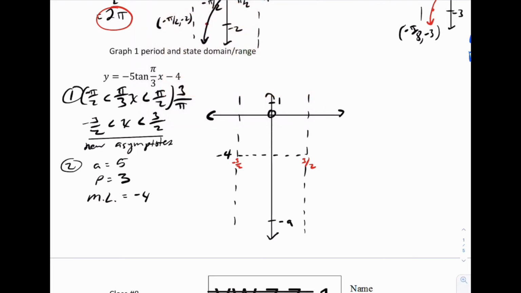Okay, let's graph it. So we have a point in the middle. Now normally these points are going to go up, meaning they increase. But because this is negative, this is going to decrease, which means you just flip your points like this. And I'll move that negative 9 over.